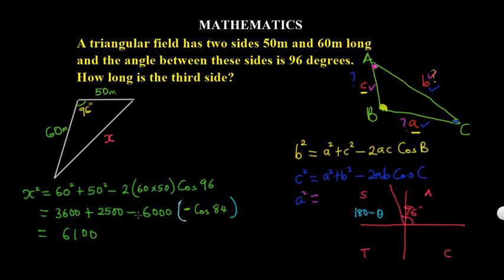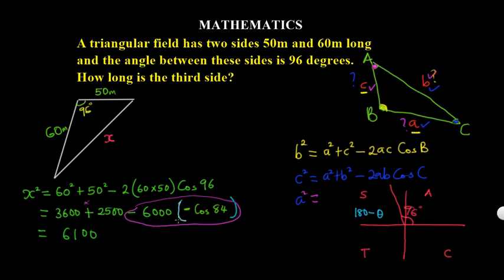Please don't make the mistake of bringing this negative 6,000 into the addition here. This negative 6,000 is joined with this negative cos 84 by the sign multiplication. It has a relationship with this and not with this. Do we get that?